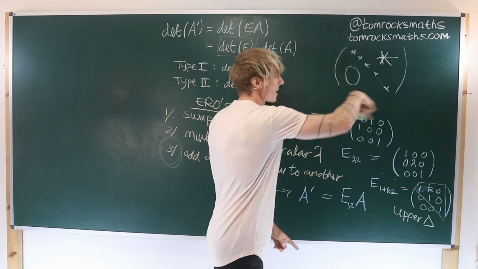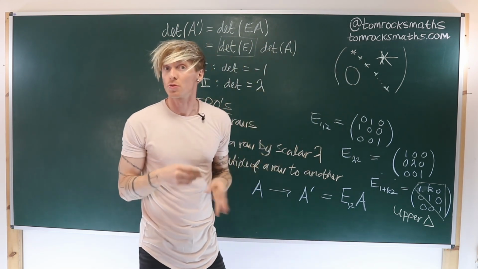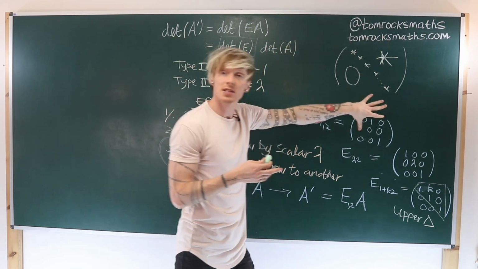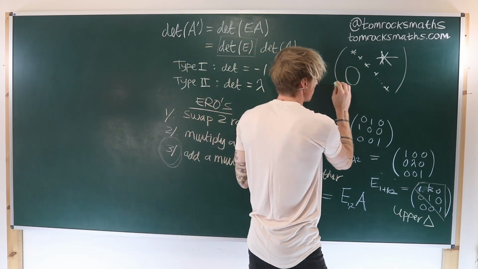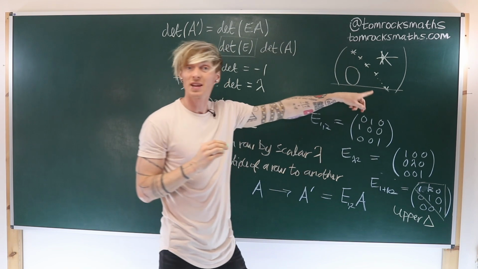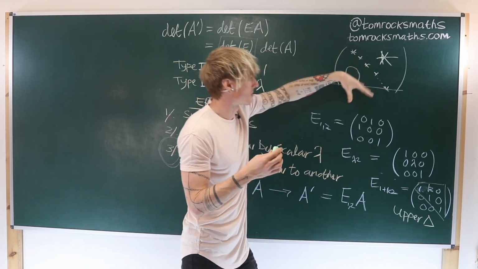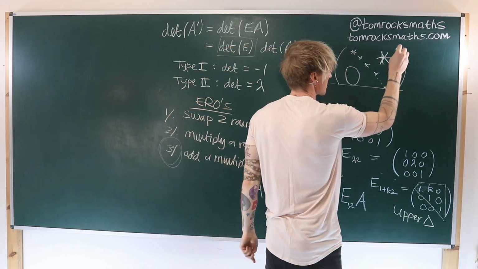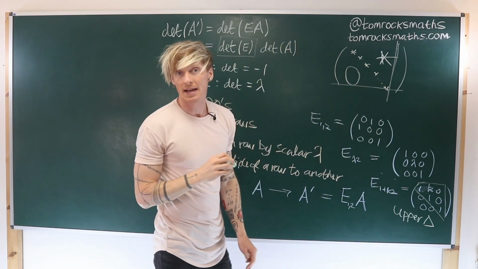Now, when I'm calculating the determinant of this matrix, I'm free to choose which row I want to expand in. So we discussed this in part 1 of this video, and you would simply take the bottom row because it only has one entry that isn't 0. So it's 0, 0, 0, 0, 0, and 0 times whatever is still 0, and the only non-zero one is the last column. But we also cross off that last column.